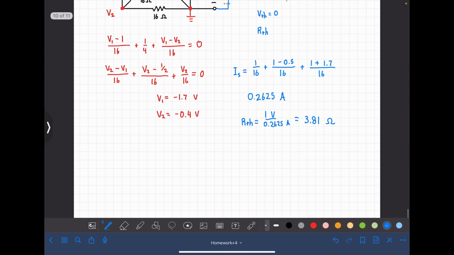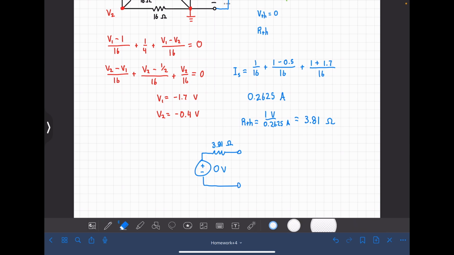So if you were to rewrite the circuit, it would have a voltage of 0, and then a single resistor with 3.81 ohms. And of course, you can just get rid of that voltage since it doesn't really mean anything. Alrighty, that's that.